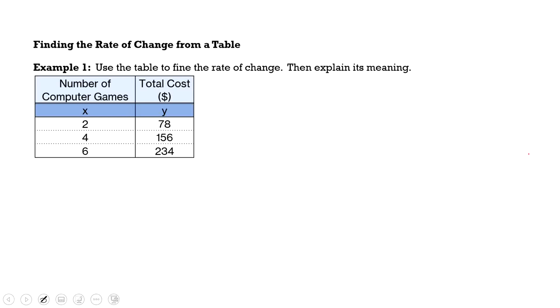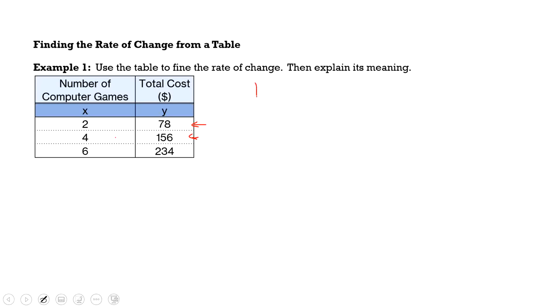From our table, what you'll try to do is pick two values. So I'm going to pick my first one and my second one. What I always do is pick and subtract the highest x value. We're looking at this kind of the same as the slope formula.